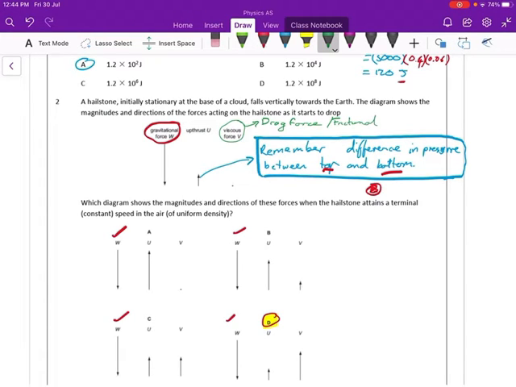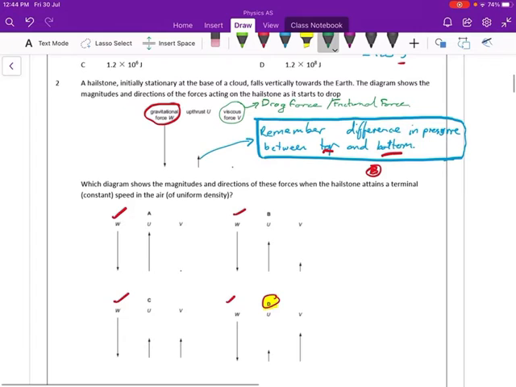And the frictional force is the one that's going to increase. Up until a point, they say terminal velocity, we know all my forces down must equal my forces up. So those two must be equal. So if I add my viscous force and my upthrust, it must equal my weight.